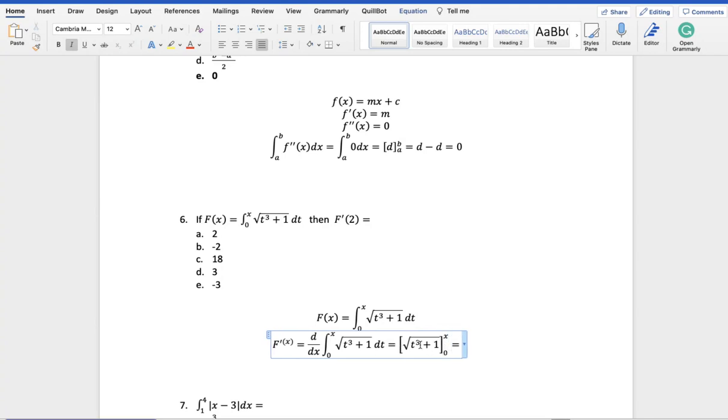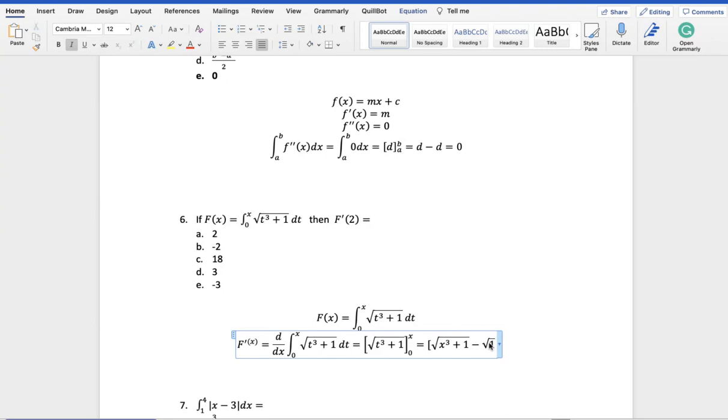And if you substitute in the upper boundary, you will get the square root of x cubed plus 1 minus the square root of 0 cubed plus 1, which is just the square root of 1, right?